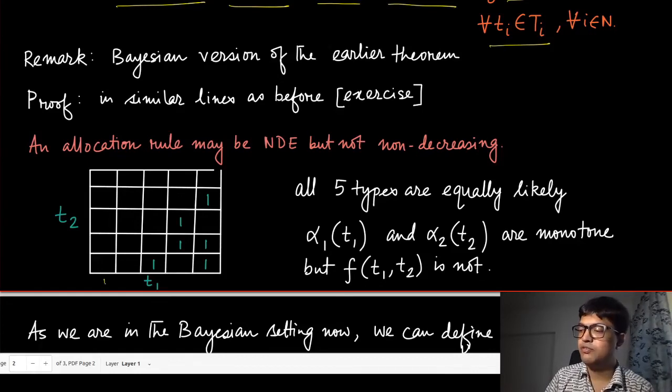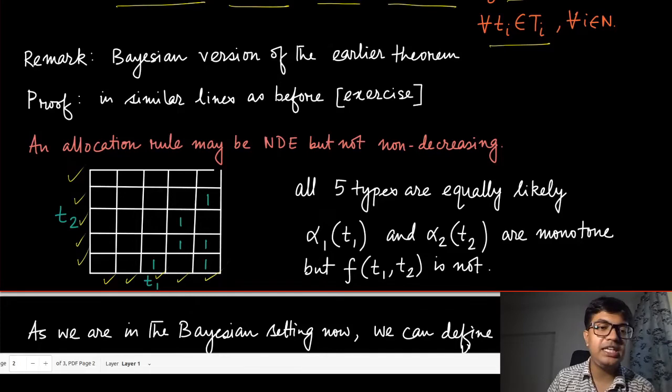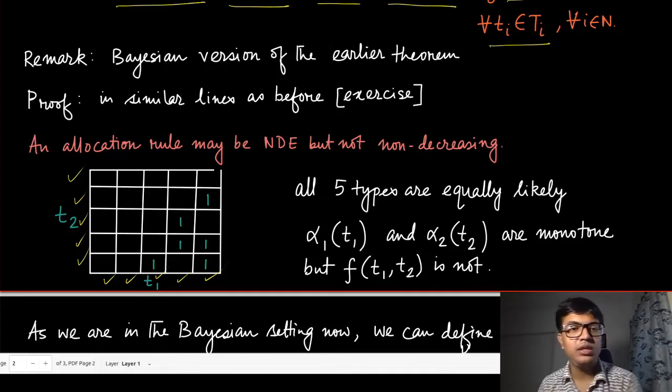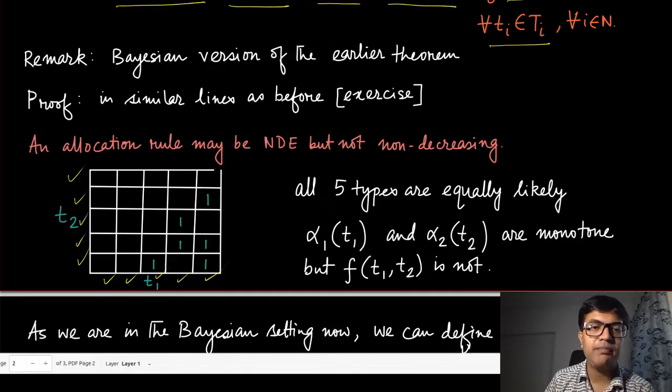The five different types for player one are given here, and the five possible types for player two are given here. Each of these blocks represents a type profile. This matrix shows under which conditions player 1 is allocated. Those are represented with 1. In the slots that are blank, agent 2 is getting allocated the object.